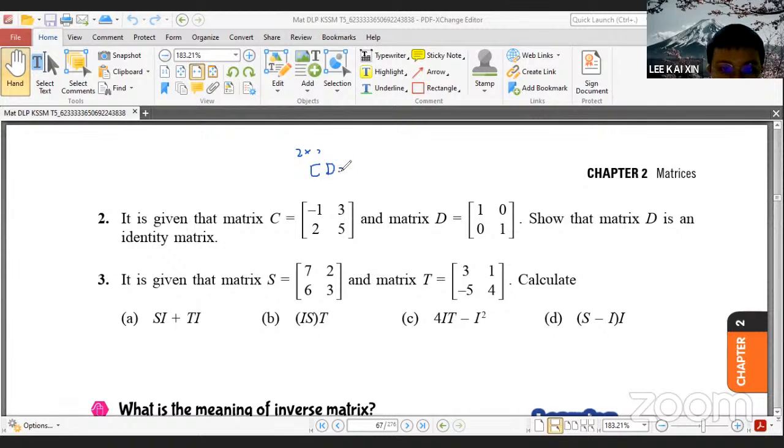C times D, you will get -1, 3, 2, 5 times 1, 0, 0, 1. Let me calculate and see what the answer is. Just 1 minute.